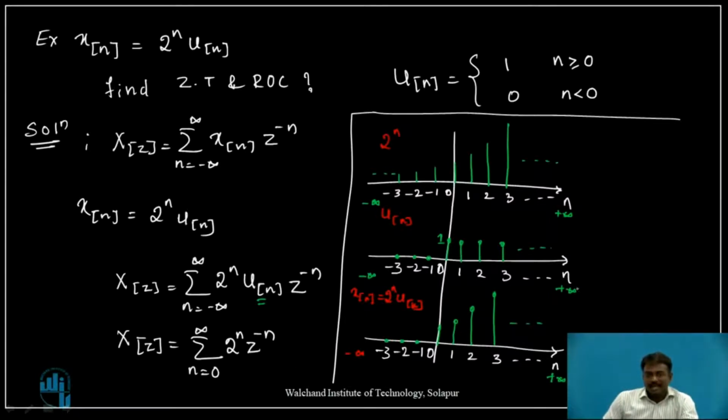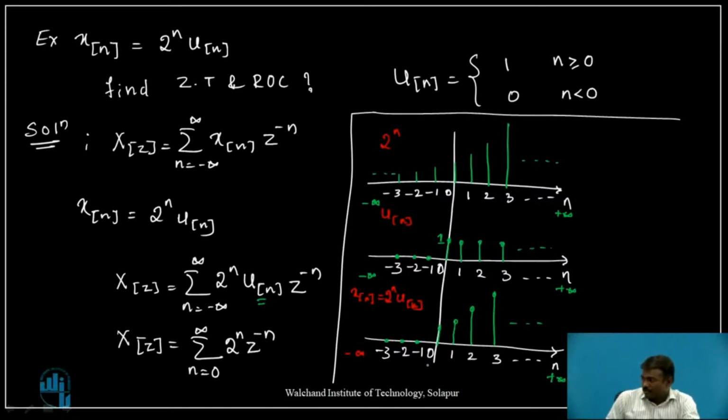Whereas from n equal to 0 to plus infinity, you can see that 2 to the power n is a growing exponential. Similarly, in the unit step signal u of n, the magnitude is equal to 1 from n equal to 0 to infinity. So when 2 to the power n is multiplied with 1, the resulting signal will be equal to 2 to the power n, and this 2 to the power n exists from n equal to 0 to plus infinity.